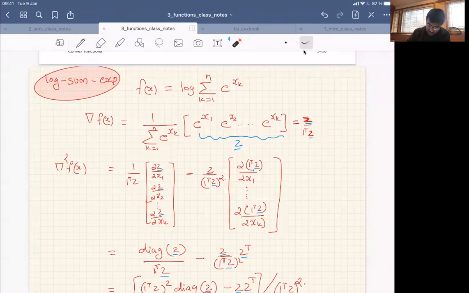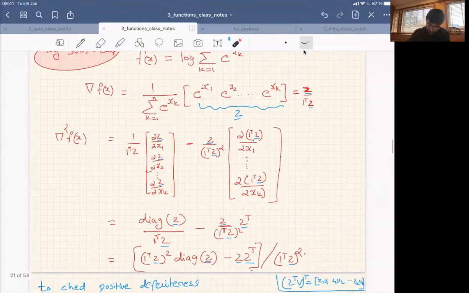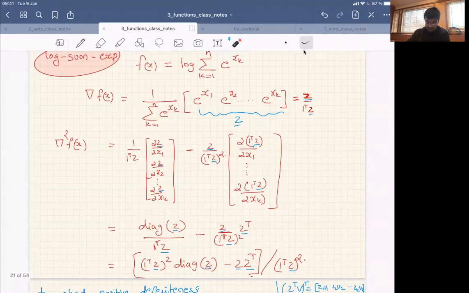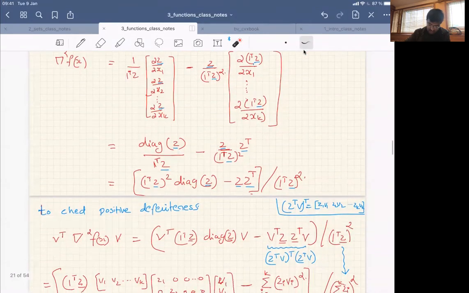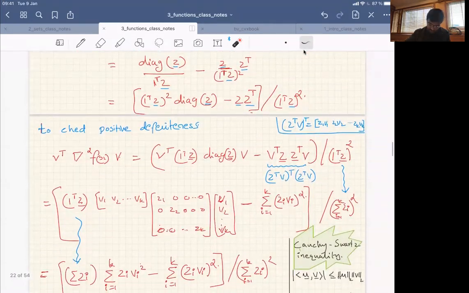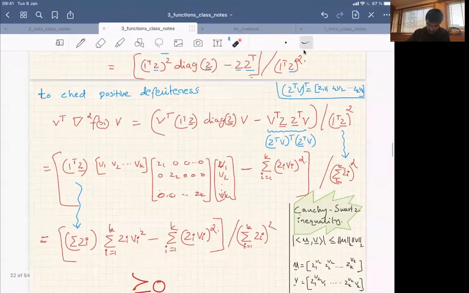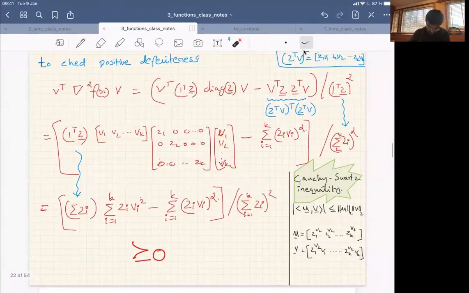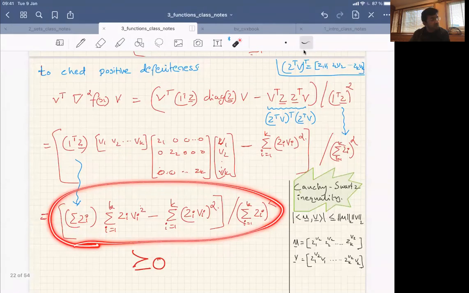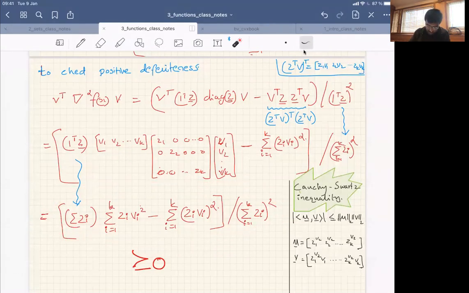I am calling this guy a vector z, and this is equivalent to z divided by 1 transpose z. Then take the Hessian again. You can see later what is happening here. Then we will write like this, and here we can reduce this into this guy. Now we have to examine whether this is positive or not.